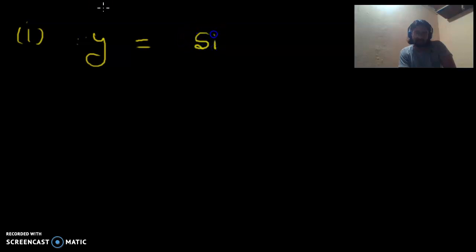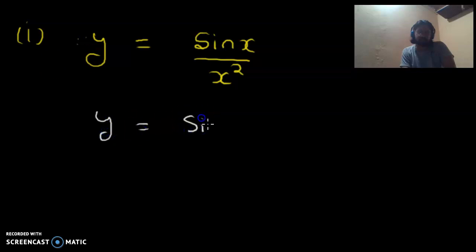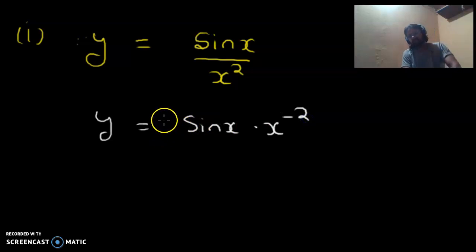If I say sin x divided by x square, you can convert it into a product rule as well. This will be nothing but sin x into x to the power minus 2. Make one the first function and the other the second function. There is nothing to worry about. First function, second function.